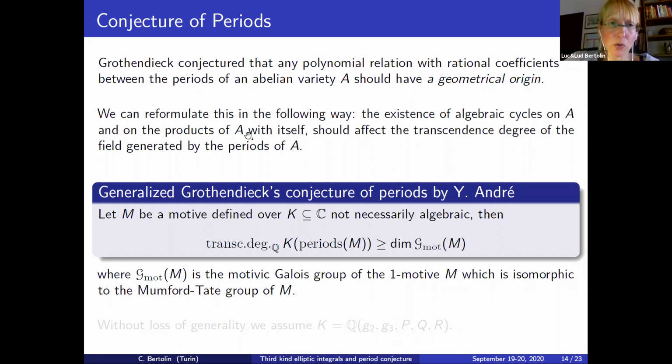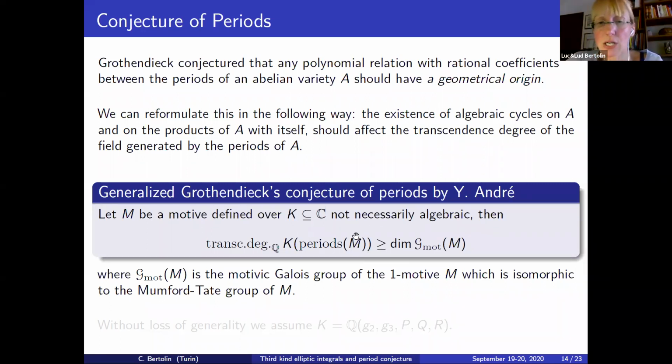In fact, the first conjecture of Grothendieck was only for abelian varieties defined over Q bar. He said that the transcendence degree of the field generated by the periods of A is equal to the dimension of this motivic Galois group.